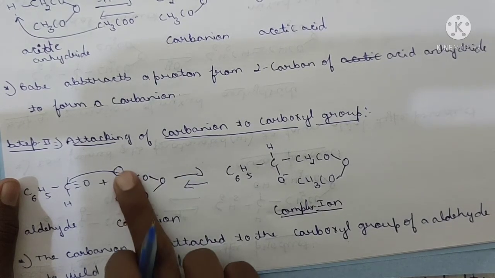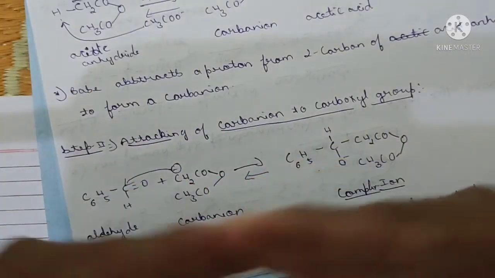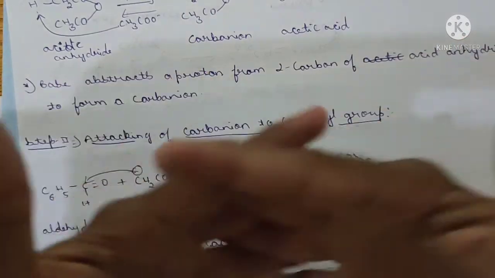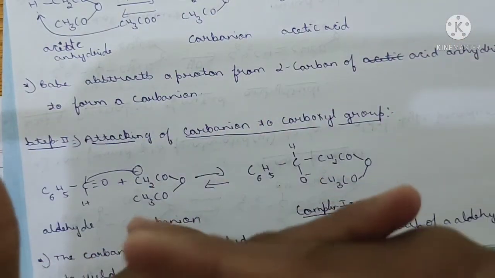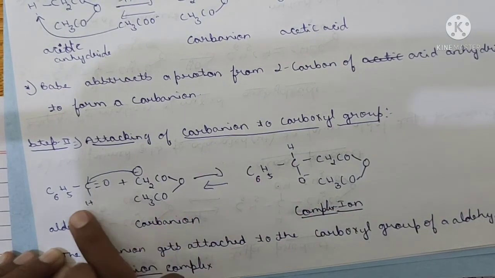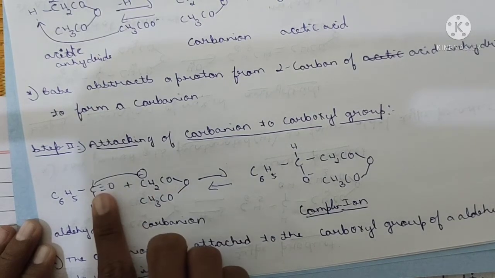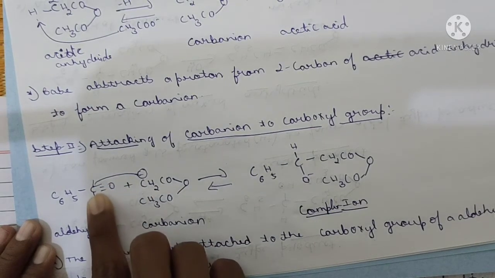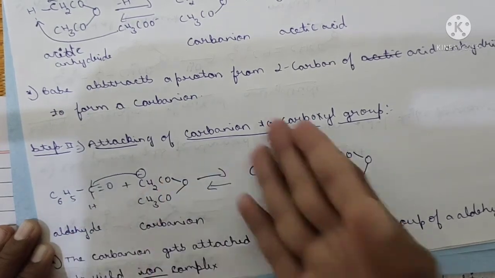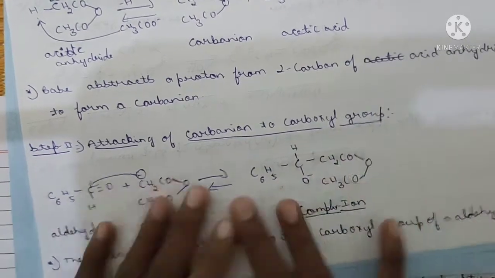The carbanion and the aldehyde combine, forming a complex anion. The double bond is removed and shifts towards the oxygen, forming O minus, with the carbanion attached to that carbon. Yes, this is the simple product.